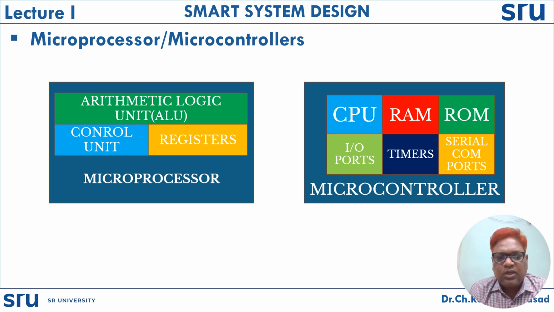The processor or controller has pre-programmed information or intelligence. With the help of that intelligence and the data, the microprocessor or microcontroller takes the decision. After taking the decision, it sends control signals to the actuators, which perform the smart actions. That's why these are called smart systems.